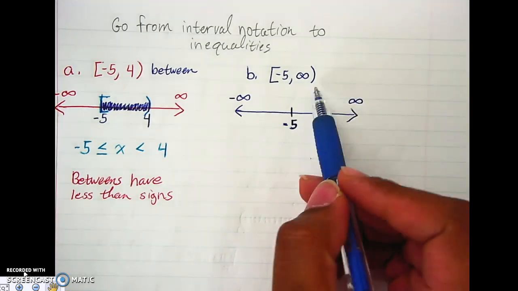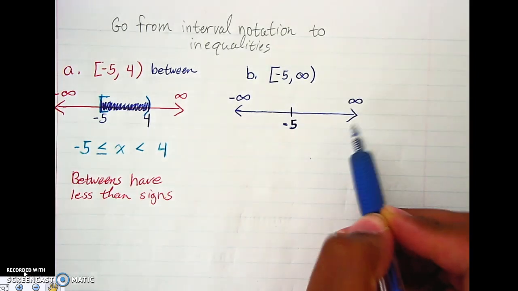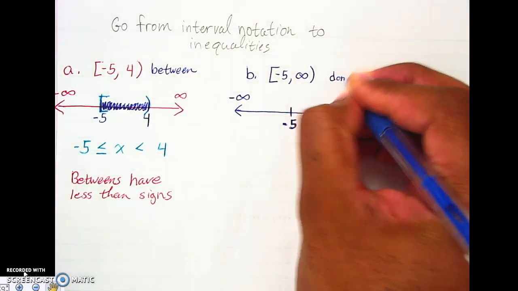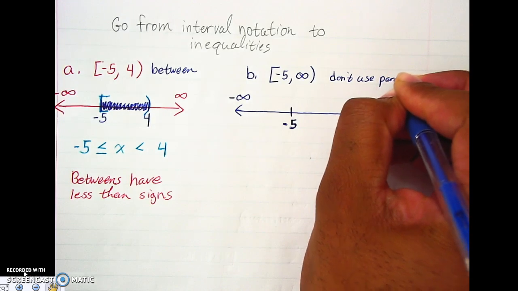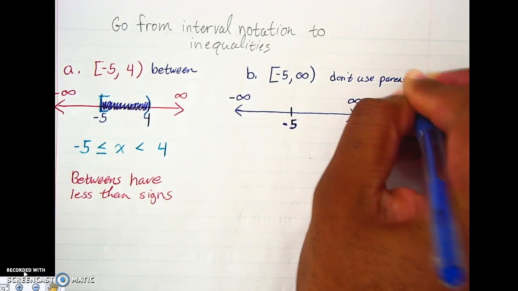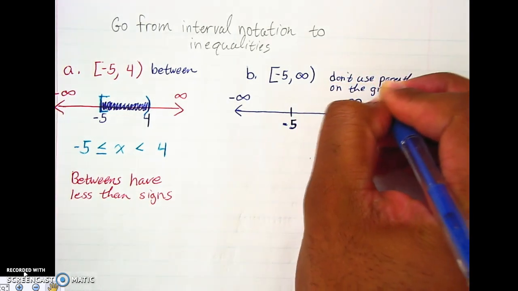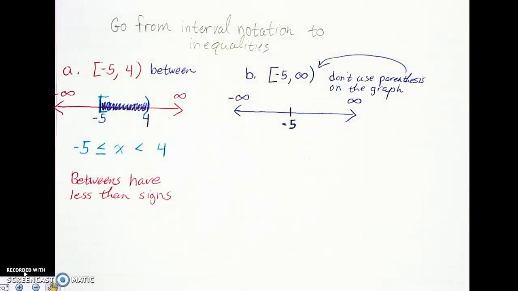But again, remember, when it's infinity, you don't use that parenthesis on the graph. When I say that, I mean the parenthesis for infinity. Don't use that on the graph.